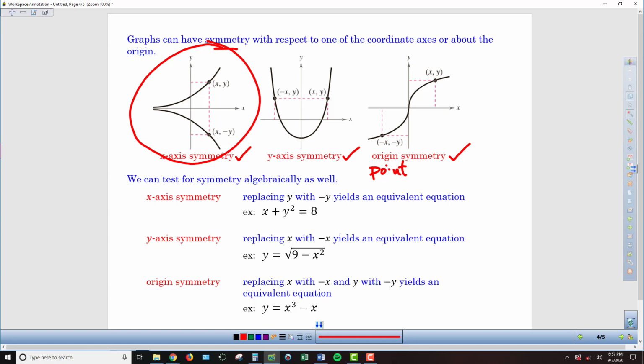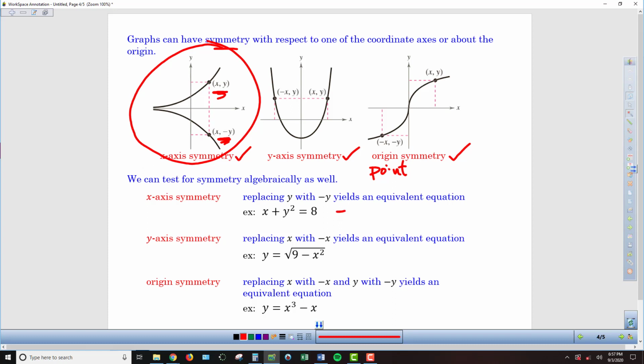From an algebraic perspective, what we're looking for is that for the same input value x, we get two outputs, a positive and a negative of the exact same value. So if I plug in 2, I'm going to get 3 and negative 3 out as an output. If I plug in 7, I might get 1 and negative 1. For the same input, I get both positive and negative outputs of the same number.